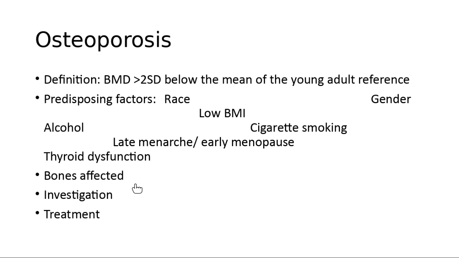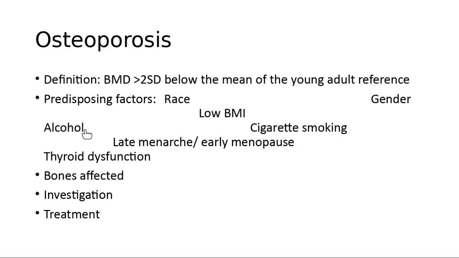Predisposing factors for osteoporosis: race. The Caucasian race tends to have more osteoporosis than the Negroid race. Females tend to have lower bone mineral density than males. If you have a low BMI, body mass index, you're more prone to developing osteoporosis.